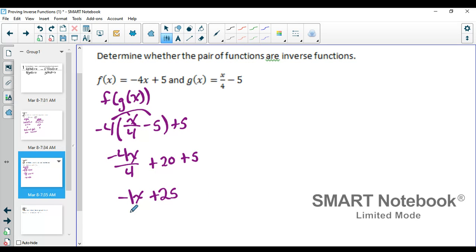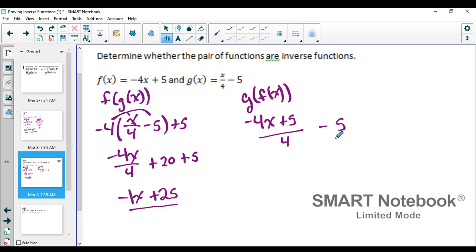So right away, this one does not simplify to x. So there's no way they can be inverses, but we're going to do the other one just for practice. So we have g of f of x. That means we're putting the f function into g. So we have negative 4x plus 5 over 4, minus 5.